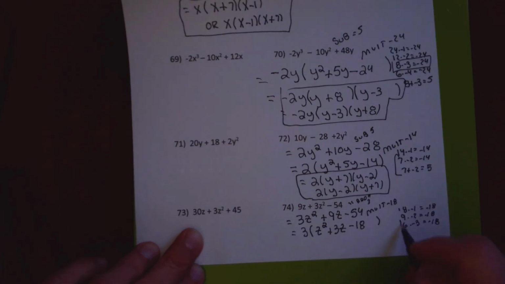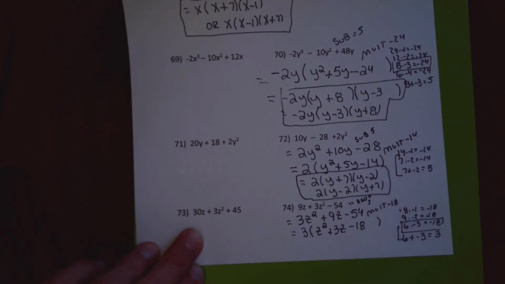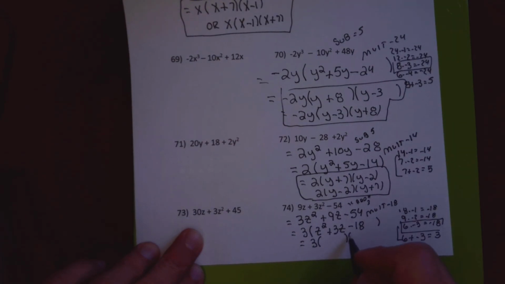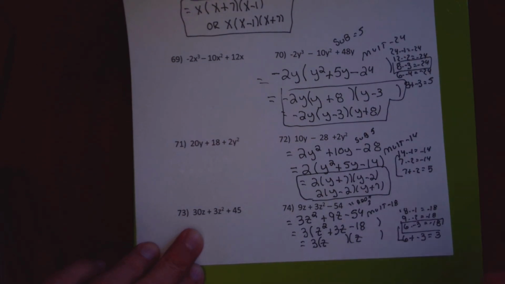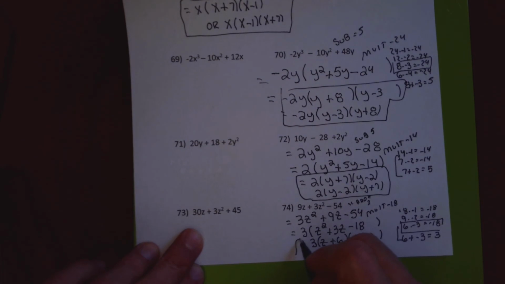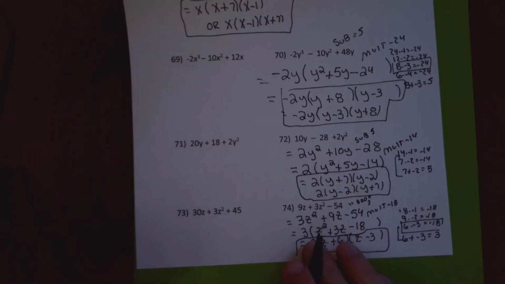I need the pair that I'll say subtract to be 3 because 6 plus negative 3, that's really 6 minus 3, which is 3. That's the pair I'm going to need. I'm going to leave the common factor of 3, create my two parentheses, split the z's up front, and then do a plus 6 and a minus 3. I can flip-flop that answer, but I'm feeling done. So let's just call this the answer and see what you can do with the rest of these.